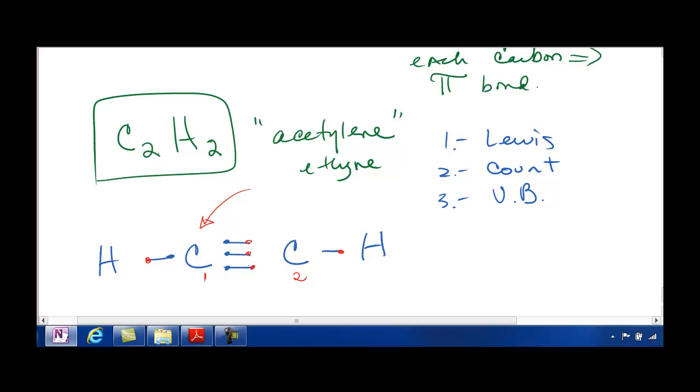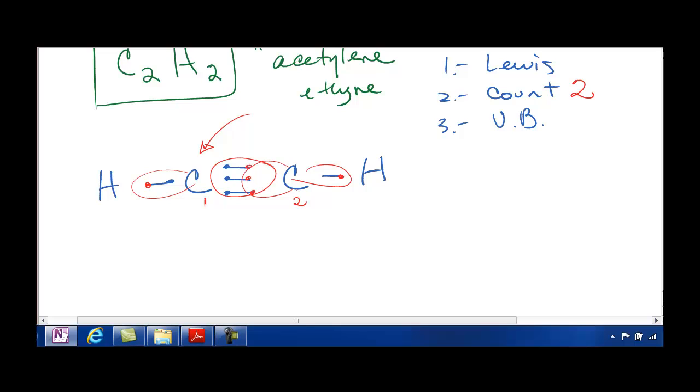I don't care if one's a single bond and the other one's a double or a triple, or it's a negatively charged group repelling another negatively charged group. So my count is 2. Same thing here. Carbon 2 has one to the right, one to the left. I'm trying to explain these bonds because atomic orbitals do not cut it.